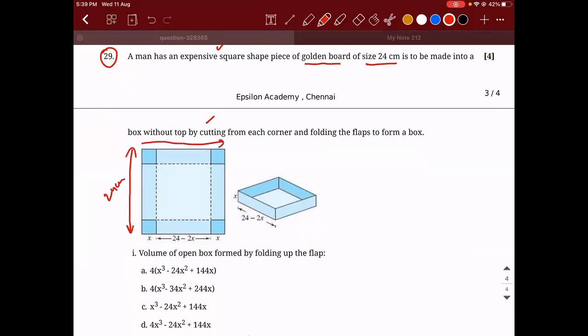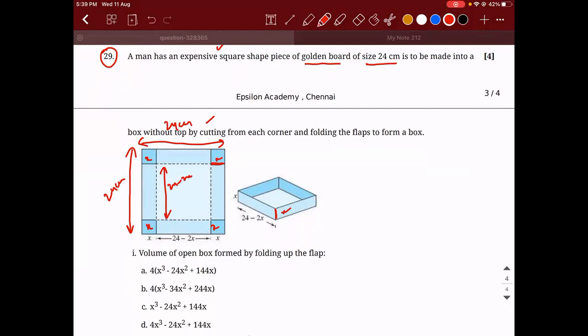If this is x, there is also x, there is also x. Now see, how much will this side be? 24 minus 2x, right? And how much will this height be? This x is only going to get bent in the form of height. So this will be x.